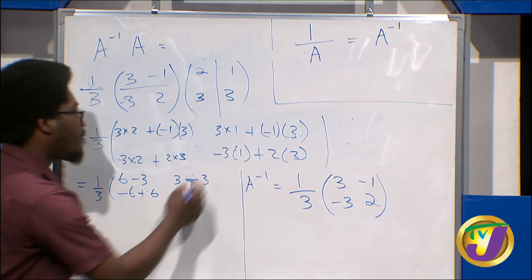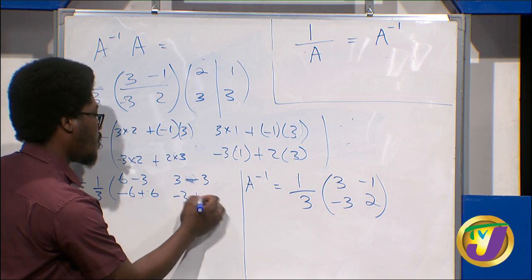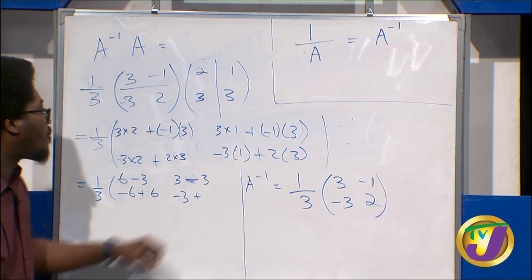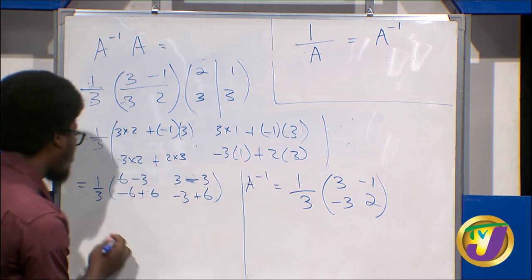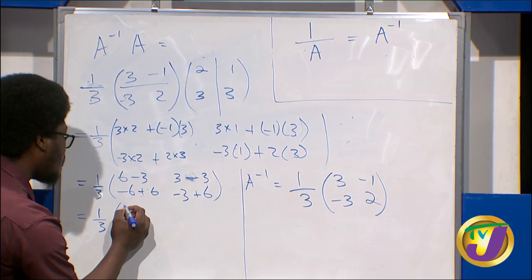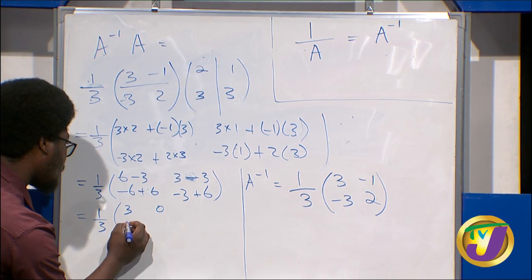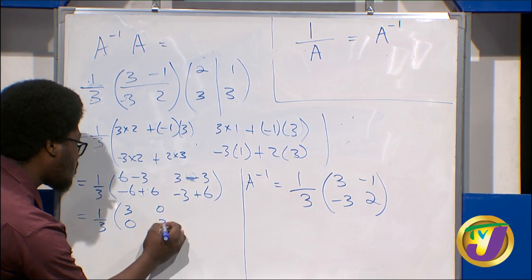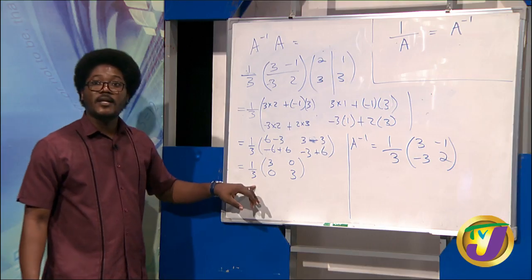We also have the product of -3 and 1, which is -3, and we're going to add that to the product of 2 and 3, which is 6. We are going to reduce it a little further to get 3, 0. This is going to be 0, and this is going to be 3. And now remember, this is our scalar.